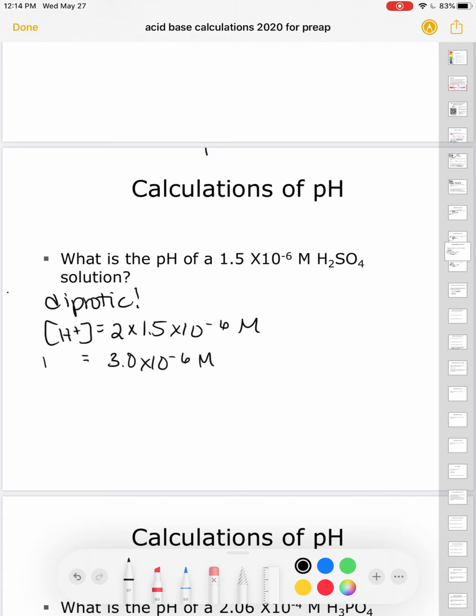So it's my H plus. And I'm not going to worry about this affecting my significant figures because it's a 2. It's just 2. It's not going to affect your sig figs.